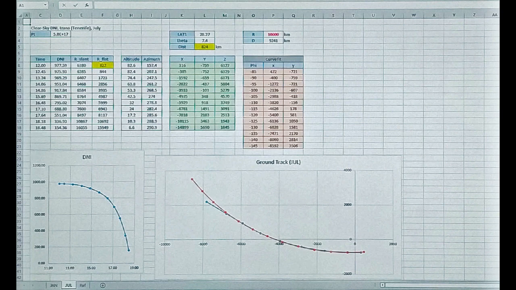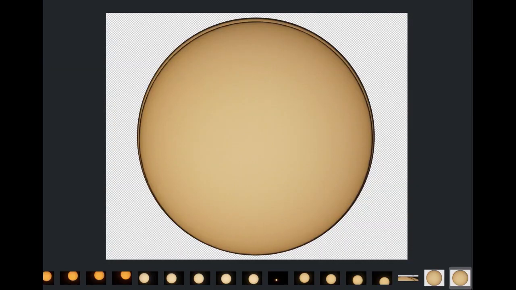But why is there a difference in powers? Well, I've been following and studying the sun with my telescope. I have an 8-inch Schmidt-Cassegrain with a solar filter, and I've been taking lots of pictures of the sun. And here you can see the difference between the December time frame and the June, July time frame.